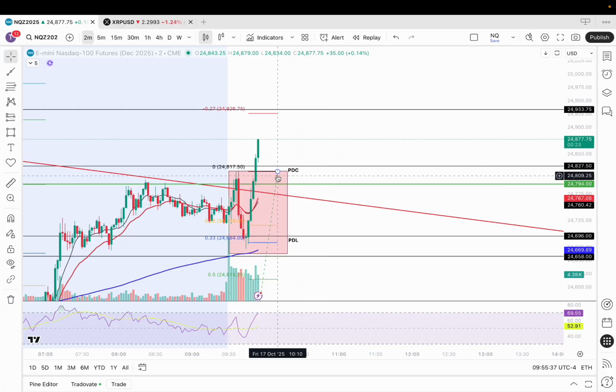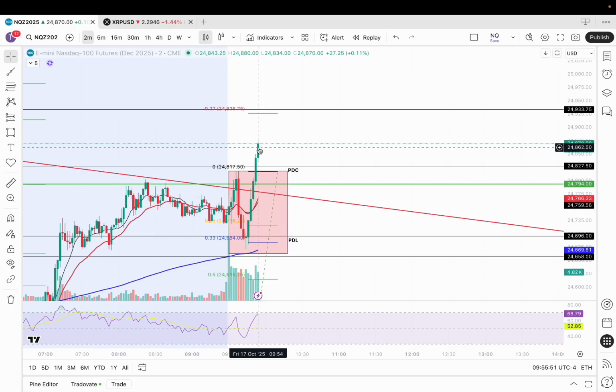But I'm wondering if it's going to retest here first. There's not been a color change yet. So we've had 1, 2, 3, 4. This is the 5th push. We need a color change.